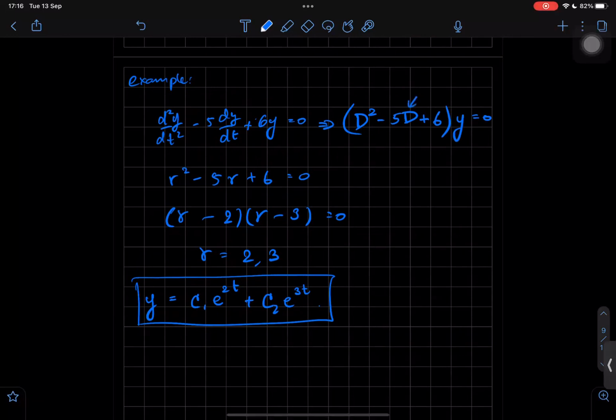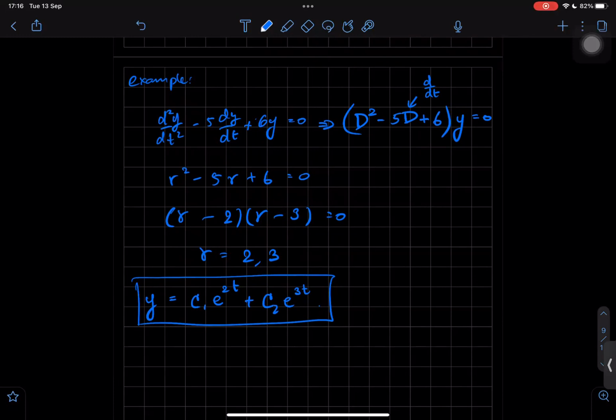D here is for dy by dt, or dy by dx. It depends on what the independent variable is.